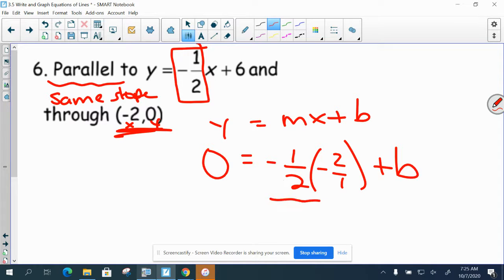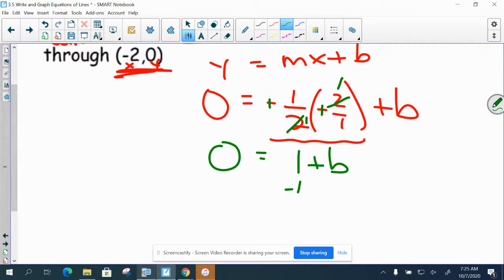So when we simplify this, the negatives are going to cancel, so there are 2 negatives, and then 2 divided by 2 cancel to 1. So this all just simplifies to +1. So we have 0 equals 1 plus b. So if you subtract the 1 over, you get -1 equals b. So then your equation would be y equals -1/2 x minus 1.